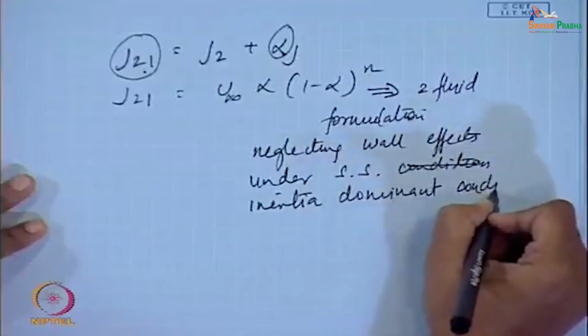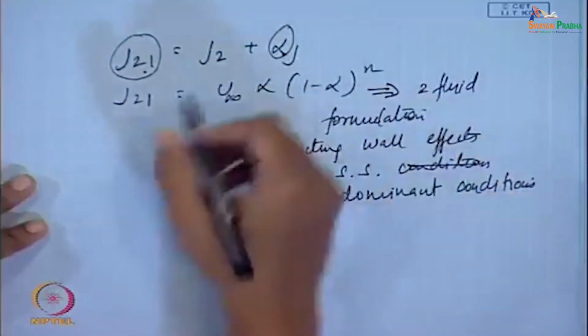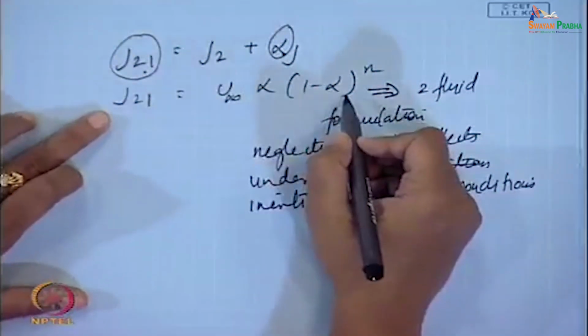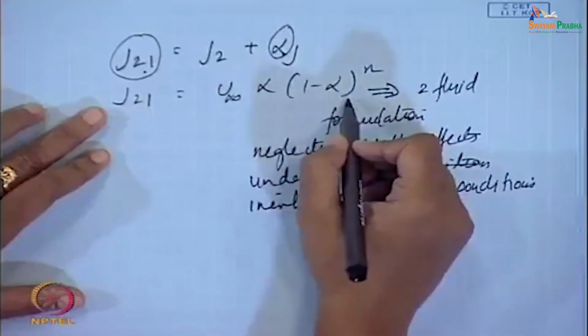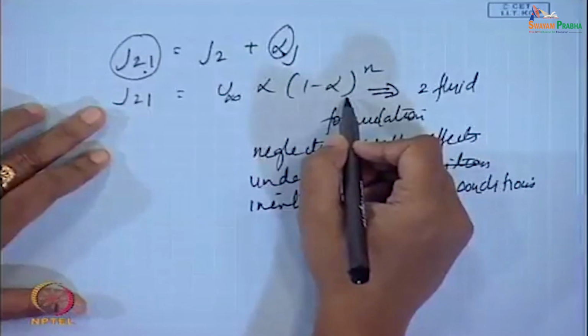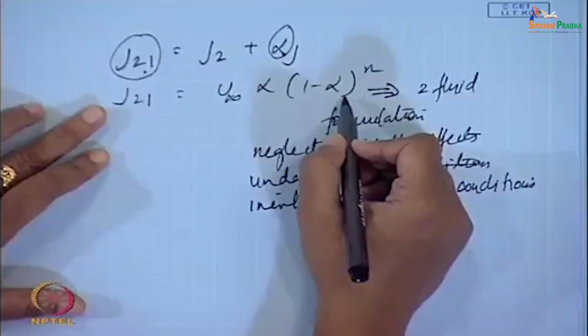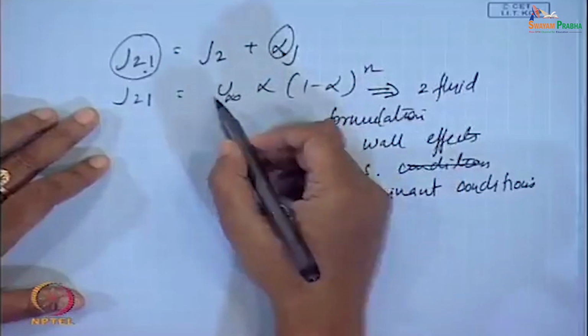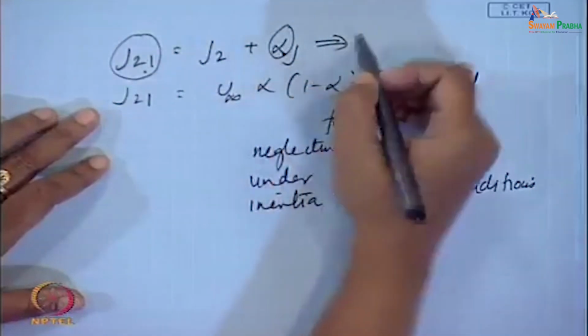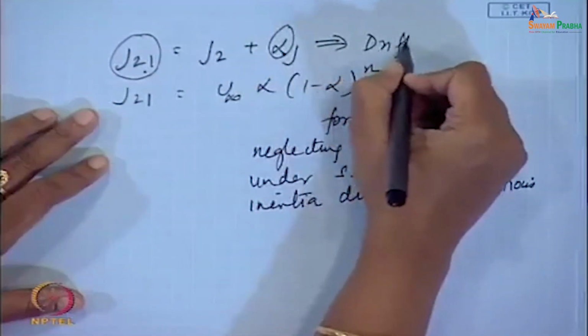For that particular condition we had obtained this, and we find that this equation expresses J21 in terms of alpha, and this is independent of the phase flow rates. It does not depend on how the two phases are behaving, it just depends upon how the two phases are distributed, what is the geometry, etc., based on which n and u infinity can be calculated, and this is the one which we have obtained from the drift flux model.